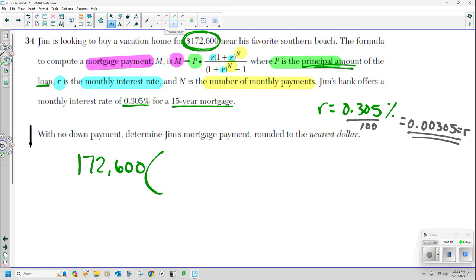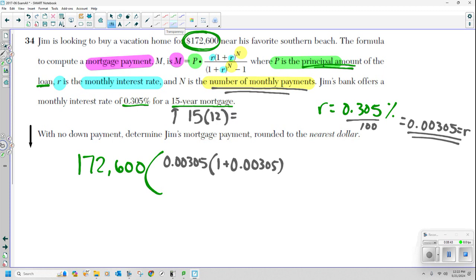So 0.00305 times 1 plus the rate, 0.00305, raised to the N, the number of monthly payments. In 15 years, how many months? Each year is 12 months.